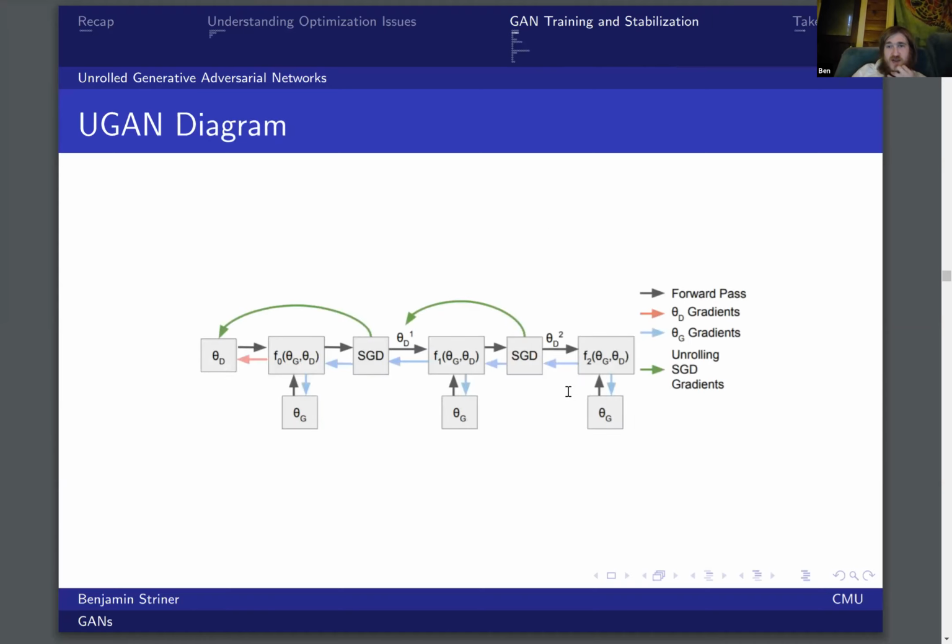And here's the diagram of it: you do steps of SGD to update the discriminator, and then you unroll and backprop through all of those to get your better generator gradients.